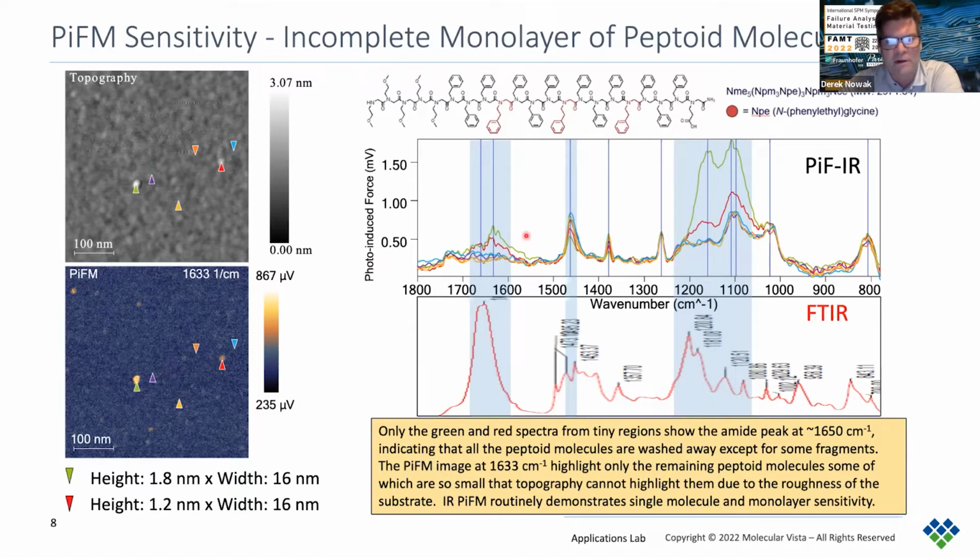If we spend a moment on the spectra here, you'll see a few different things. You'll see this rather large green response, and that's sitting on a larger chunk of the material. You see it highlighted in the PiFM image at 1633. Then as the particles get smaller, you'll see the spectrum strength decreases. You see that with the red spectrum here.